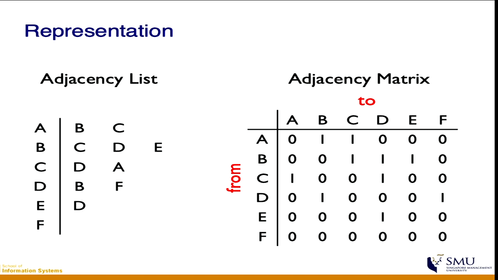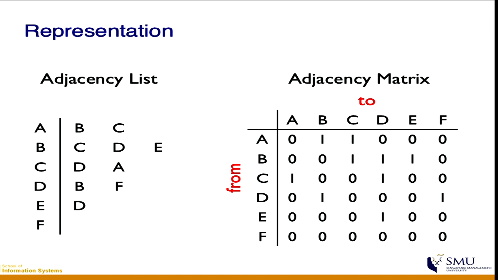Now, at this point, let's re-emphasize again, the important information in a graph is the connectivity. When we talk about a graph, they are just vertices and edges. There is no inherent ordering among the vertices.